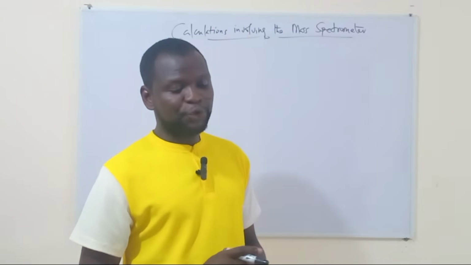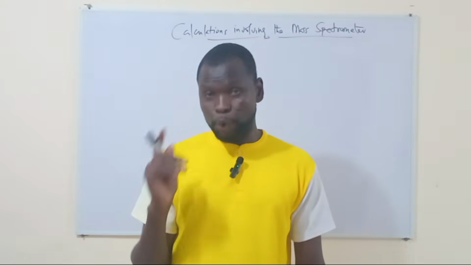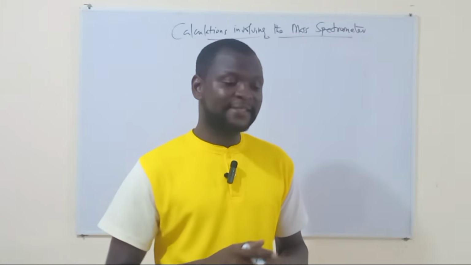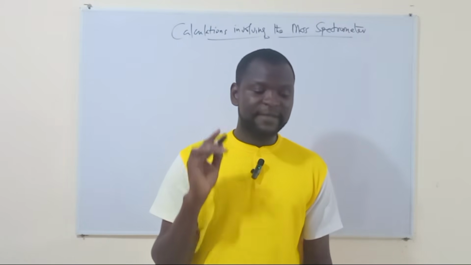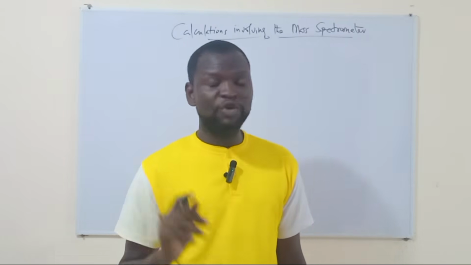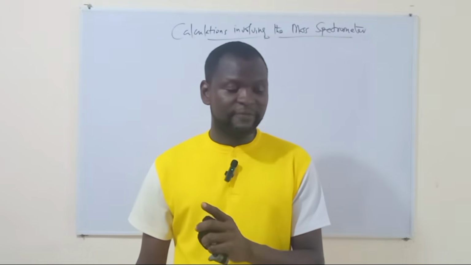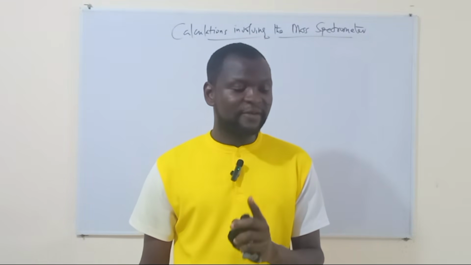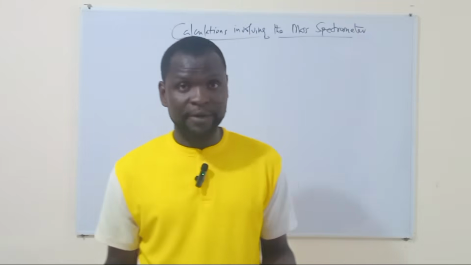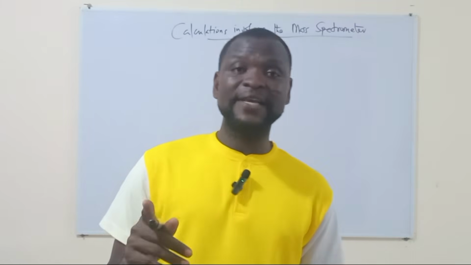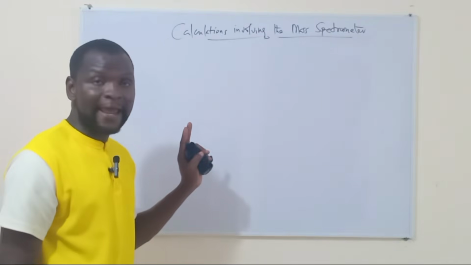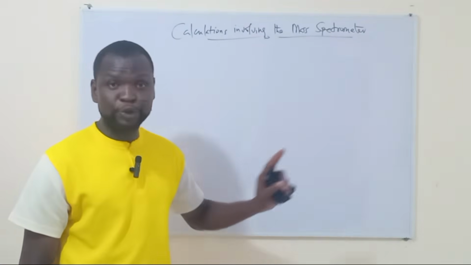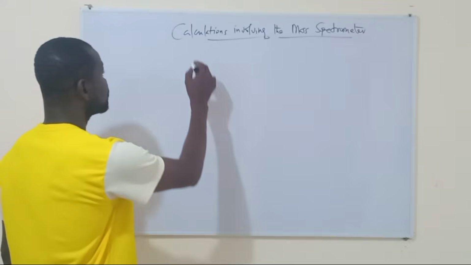There are two isotopes of chlorine, chlorine-35 and chlorine-37. The percentage abundances are 75% and 25% respectively. Calculate the relative atomic mass of chlorine. In this example, you could see that we were only given the isotopic mass, not an atomic mass. So solution.